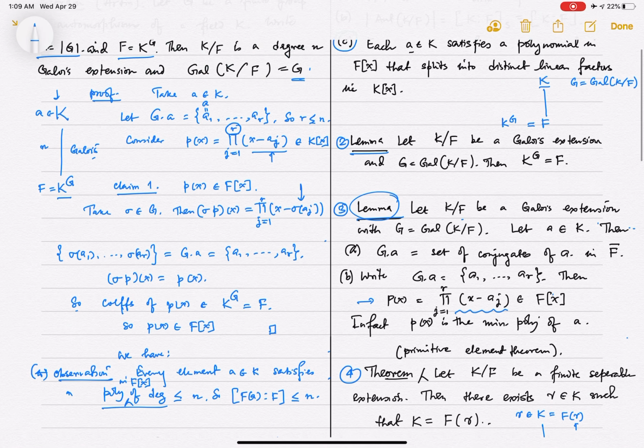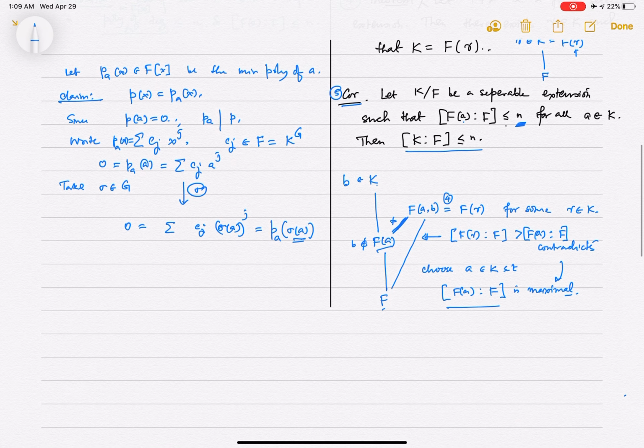What are these sigma a's? They are these a_1, a_2, ..., a_r. These are the distinct sigma a's. So each a_j is a root of p_a. These are distinct roots, so each of these factors x minus a_j divides p_a. But these are distinct linear factors, so the product also divides.